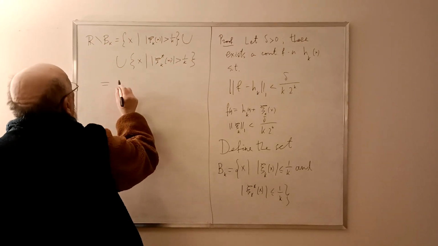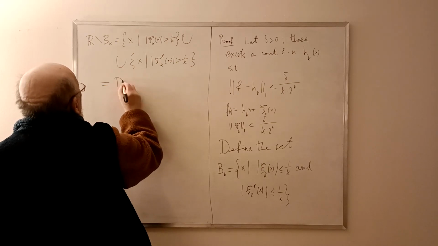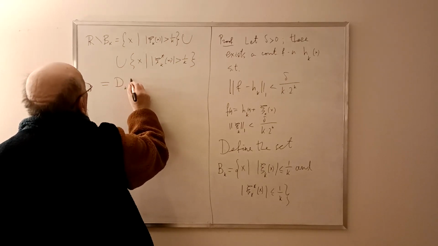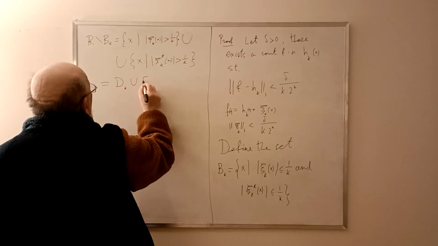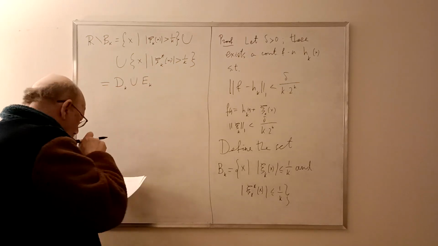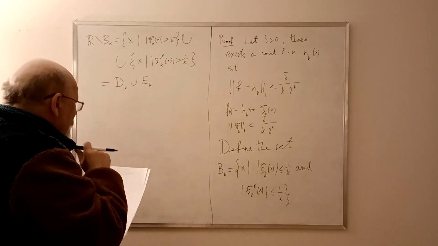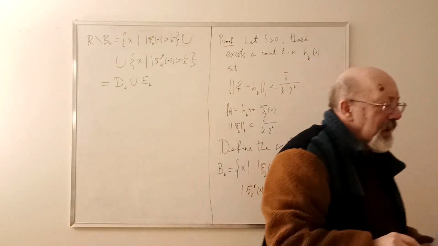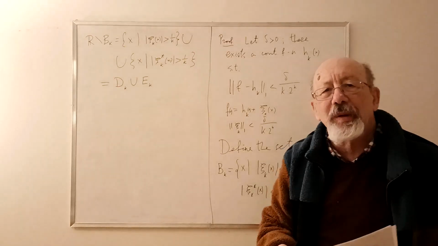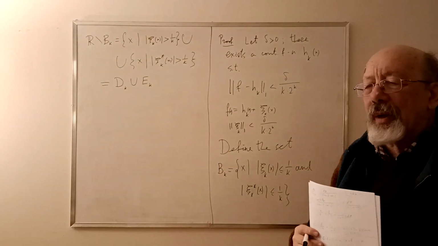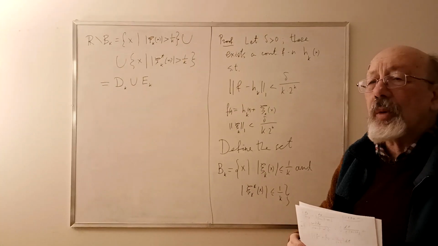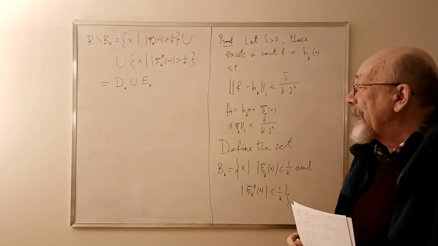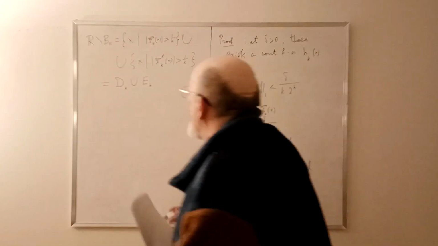Now let us denote it by Dk union Ek. And now we can use these two inequalities, the Markov inequality and the Hardy-Littlewood inequality, which we found last time.